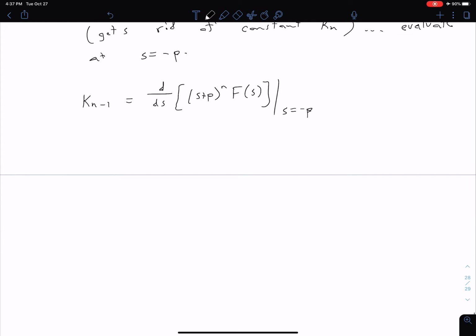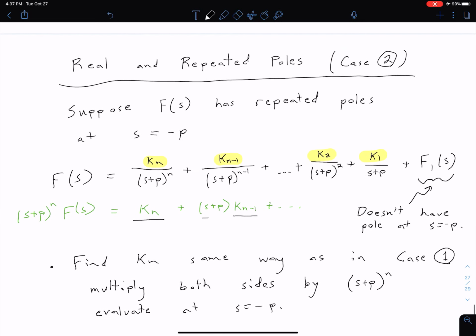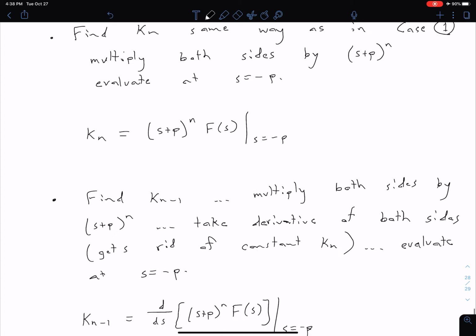So doing a similar process for k sub n minus 2, we again multiply by our (s plus p) to the power of n, but now we want to get rid of our k sub n and our k sub n minus 1. So what we end up doing is differentiating twice.